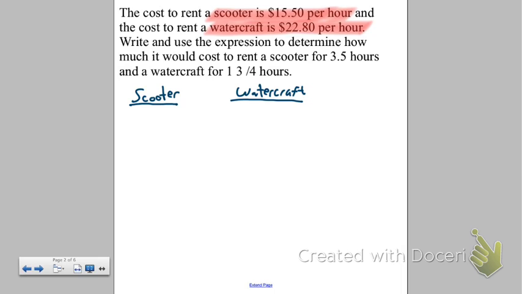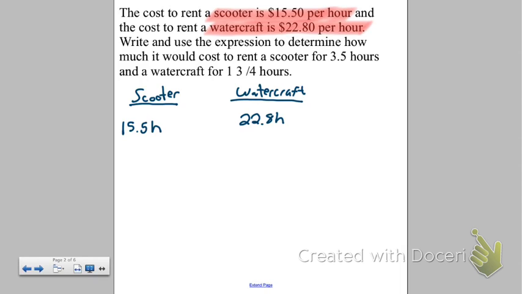So the scooter is $15.50 per hour. Since I don't know how many hours it is, I'm just going to write it as 15.5 H. And the watercraft is $22.80 per hour. I don't know how many hours it is, so I'm going to represent that as 22.8 H.